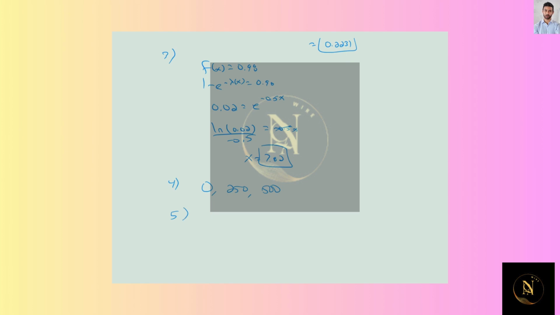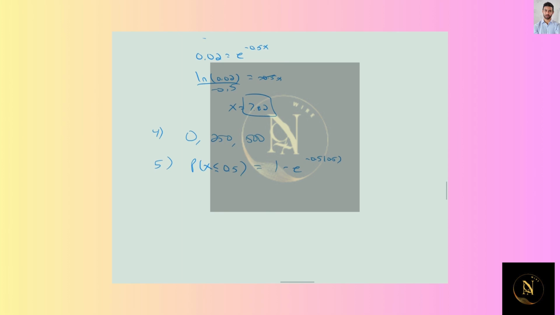So the probability of a full refund would be the probability that x is less than or equal to 0.5, that it fails within half of a year. That'd be 1 minus e to the negative 0.5 times 0.5. And that is 0.2212.